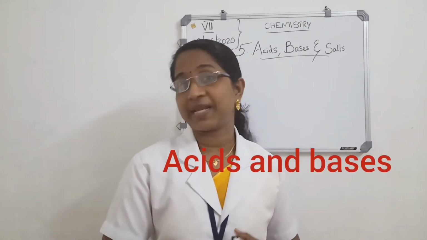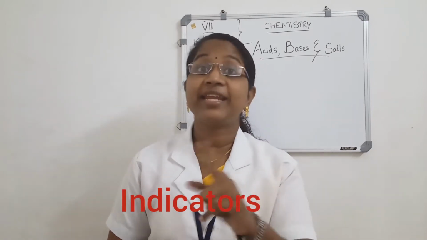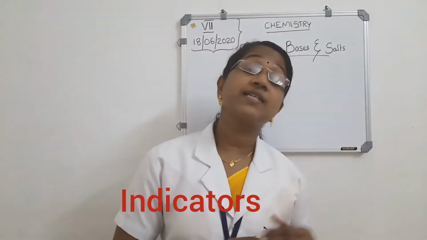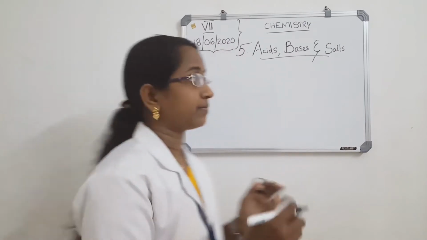In that class, we studied what acids and bases are, and what the differences between acids and bases are. Then indicators. What are indicators? Indicators are a special type of substances used to test whether a substance is acidic or basic.